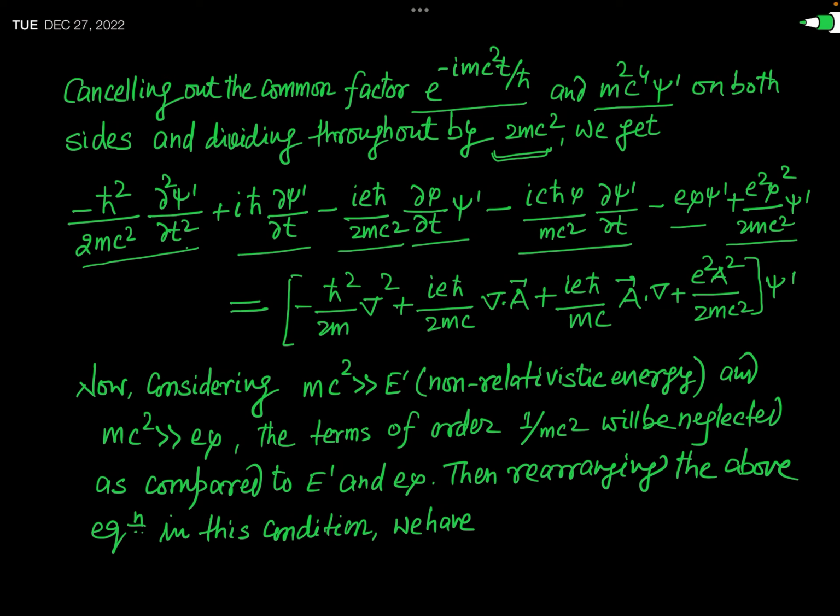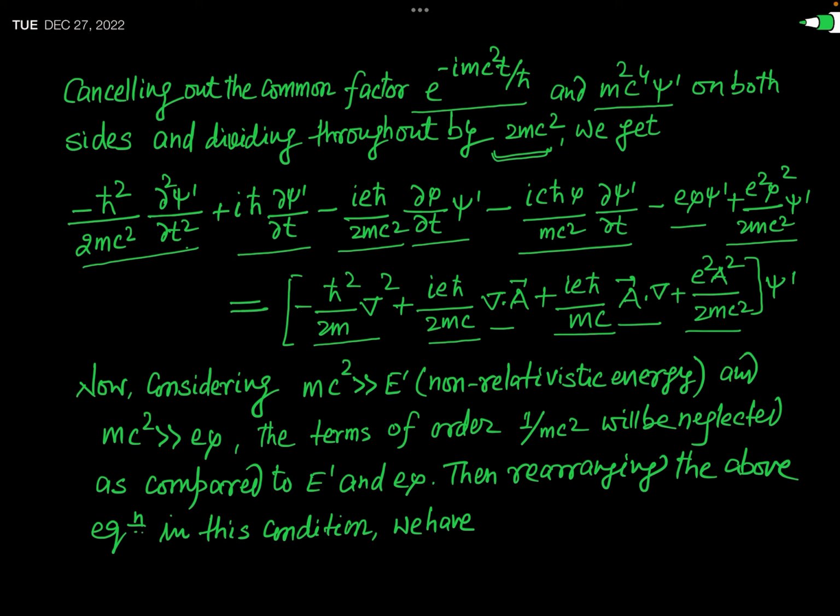And in the RHS, the remaining terms are minus ħ²/2m ∇² plus ieħ/2mc ∇·A plus ieħ/mc A·∇ plus A²/2mc² operated on ψ.